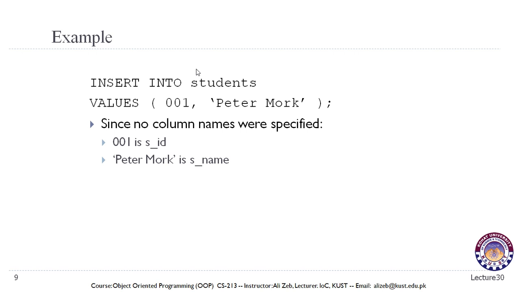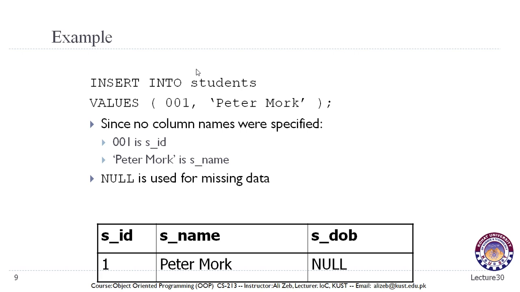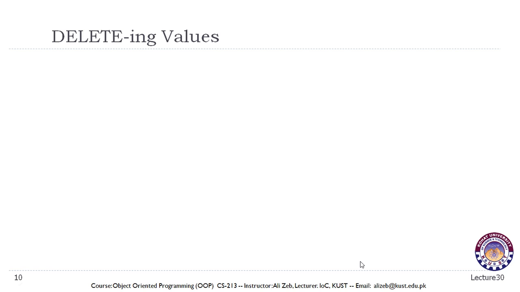Since no column names were specified, 001 is the student ID or SID, and Peter Mark is the student name. Now we have not provided a value for the date of birth, and for that a null will be used. So in this case 1 is stored for the SID, Peter Mark is used for the name, and null is used for the student's date of birth.